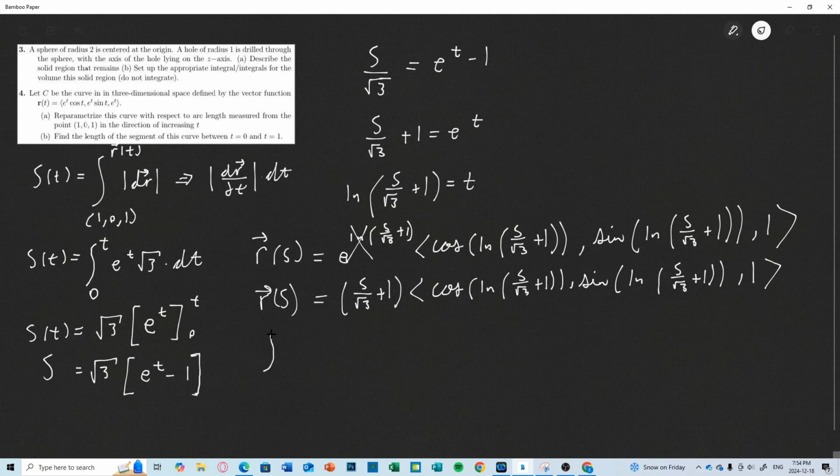So all it becomes is the integral from 0 to 1 of e to the t root 3 times dt, which is just root 3 multiplied by e to the 1 minus 1. Or s of 1 is equal to root 3 multiplied by e minus 1.